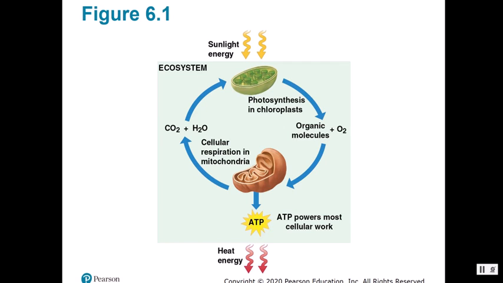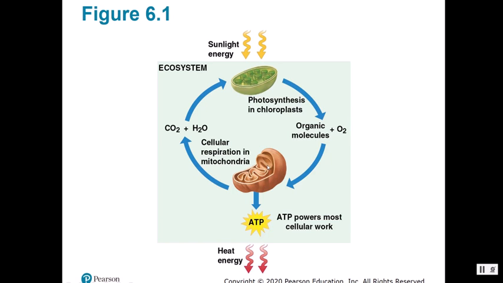So right here, this is just kind of showing you the ecosystem. This is on page 114 in your textbook, but it shows ultimately all energy comes from the sun, so there's sunlight. The chloroplasts in photosynthesis are going to capture that sunlight, and they're going to use CO2 and water, and they're going to produce organic molecules as glucose and oxygen.